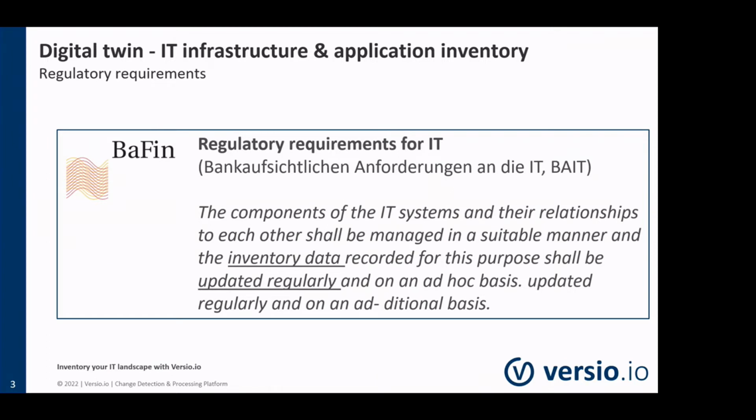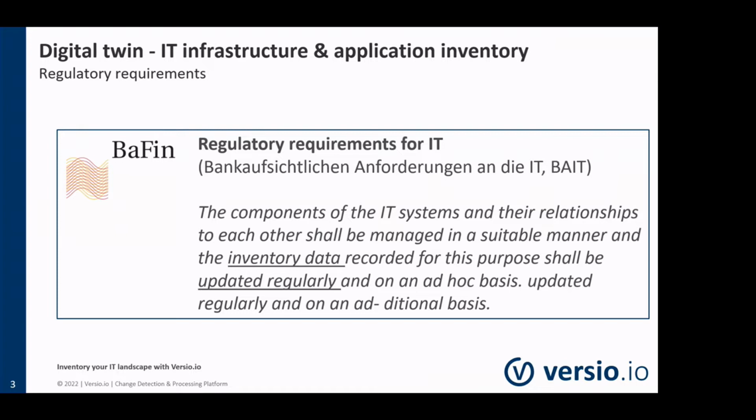In life, not everything is always voluntary. Organizations and businesses that are considered critical to the maintenance of society are subject to regulatory requirements. In Germany, we have the BaFin, the Federal Financial Supervisory Authority.